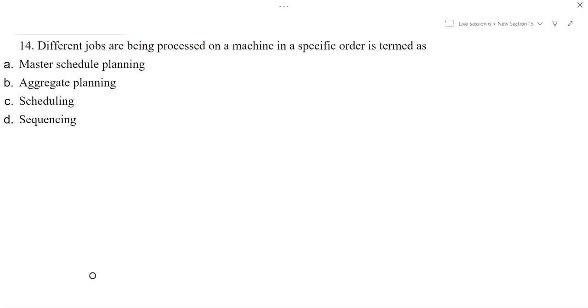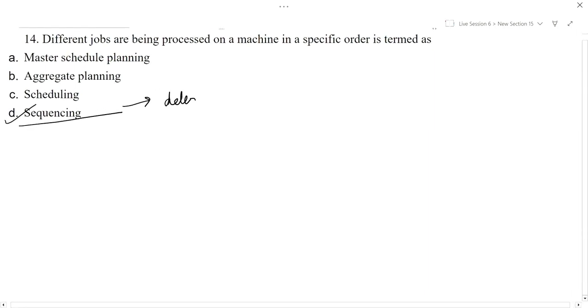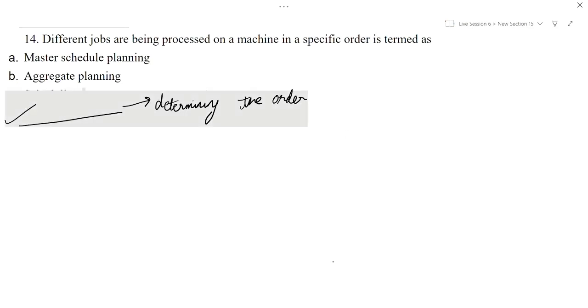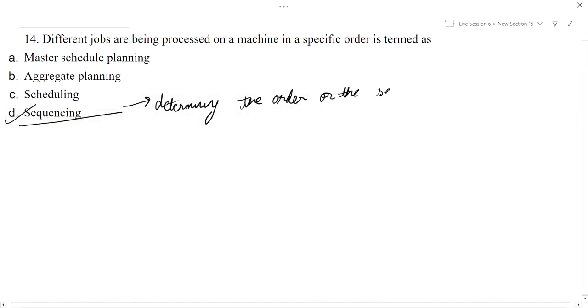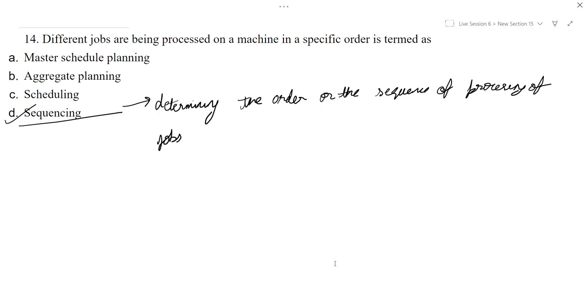So the next question, different jobs are to be processed on a machine in a specific order is termed as, we already discussed, this is sequencing. Determining the order or the sequence of processing of jobs at a facility, plant or machine.